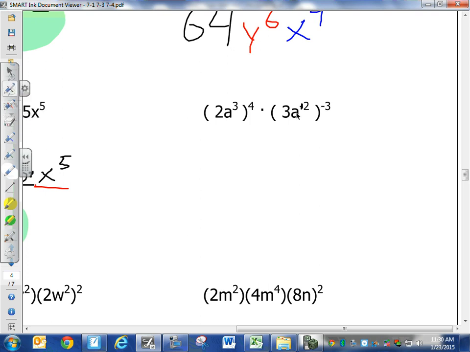So positive. Now really quick, 3a squared, this is not 3 squared a squared. This is just 3aa. The only way you'll have 3 squared a squared is if you have 3a quantity squared. I don't have that. I just have 3a squared. So keep that in mind.